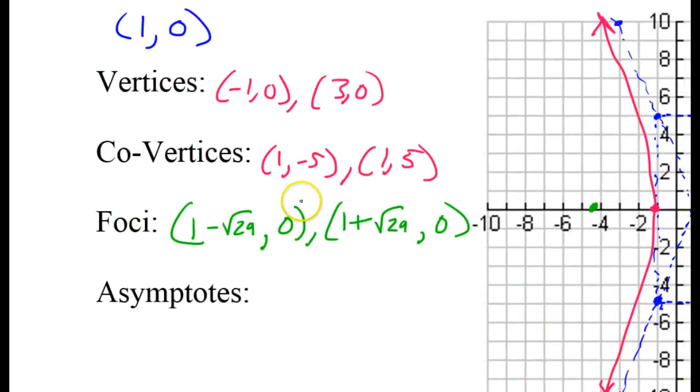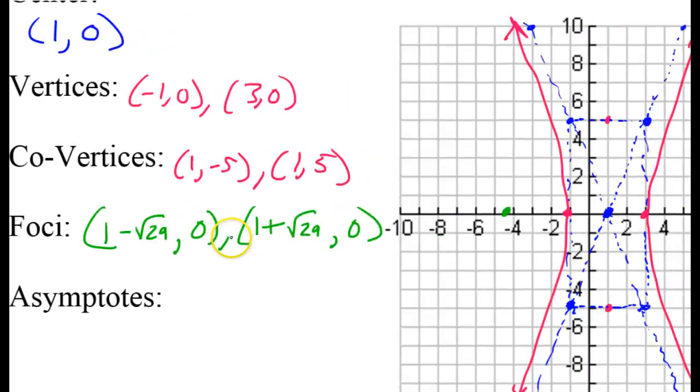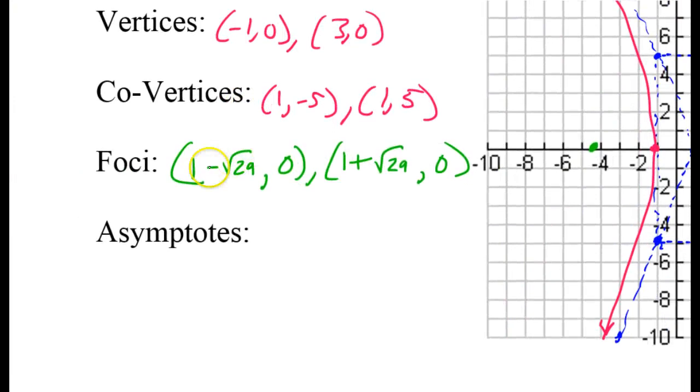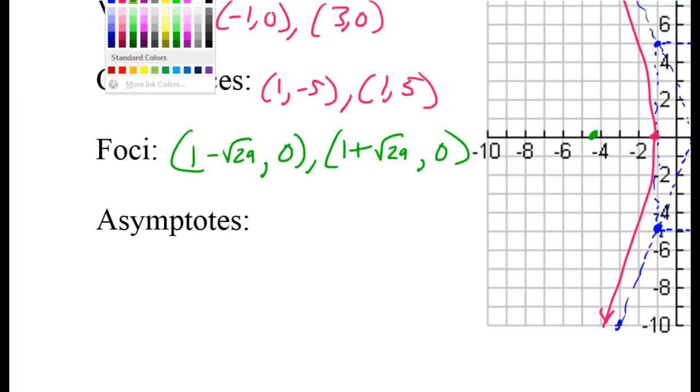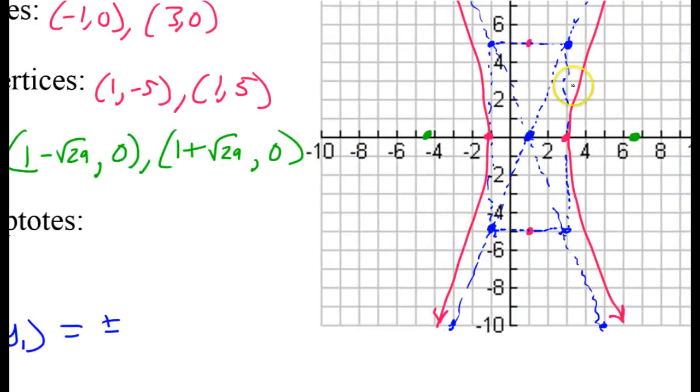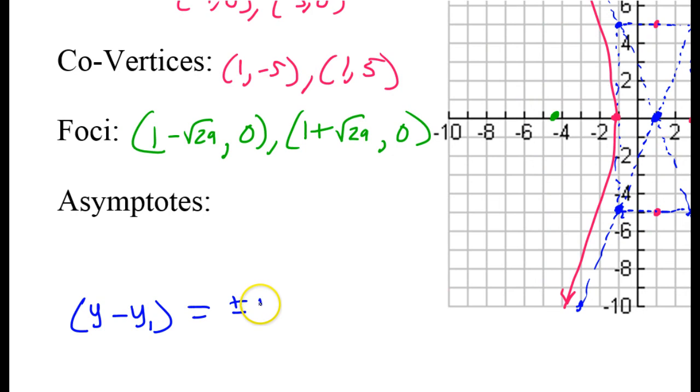Now, we need the equation for the asymptotes. Okay, these blue lines. The easiest thing to do is to use point-slope form, which, remember, goes like this. y minus y1 is equal to, and I'm just putting plus or minus because we have the two different lines here. So plus or minus the slope, and then x minus x1.